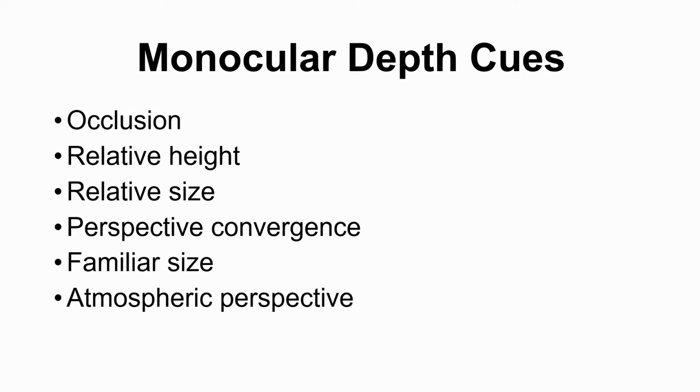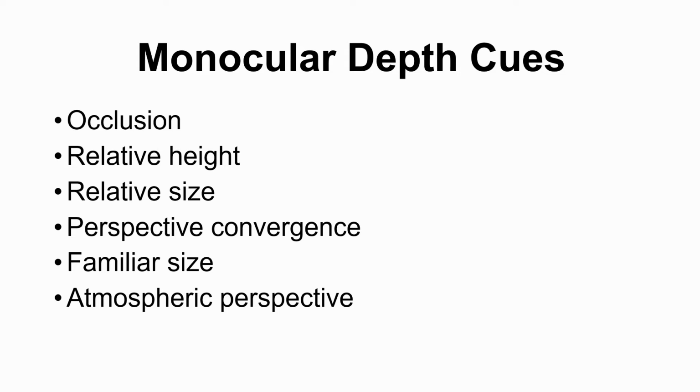I envision these as a lot of things that you could get from a painting, something two-dimensional, or a photograph, where you don't need both eyes seeing slightly different images in order to get depth. We can just look at something and get which one is further away based on some of these little clues or cues that help us figure it out.